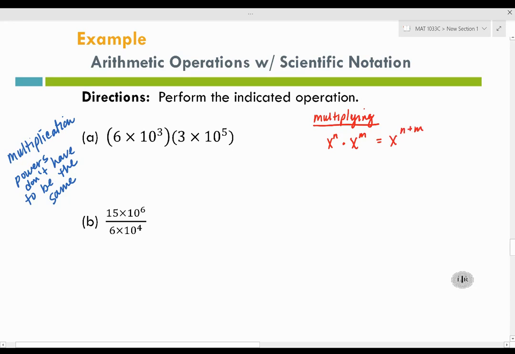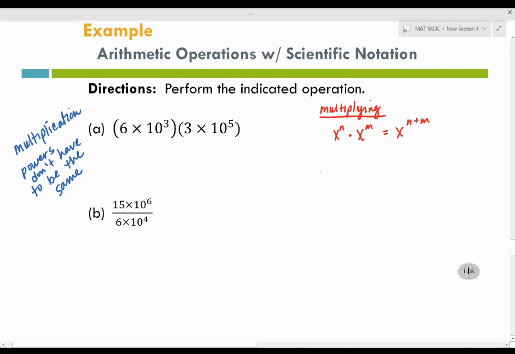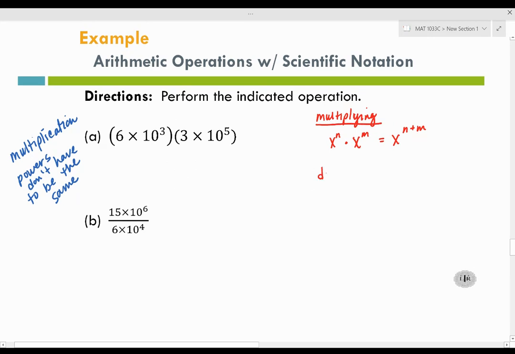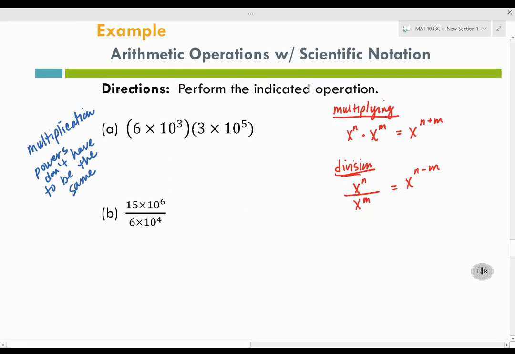Okay, even though we haven't done it yet, let's go ahead and write the rule for division. If you are dividing, then if you have like bases, you subtract the powers. So if you have anything like that, it's x to the n minus m, okay? So keep those laws in your head when you're doing these problems.